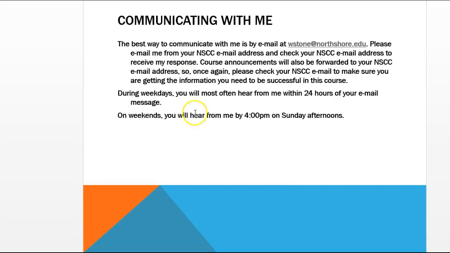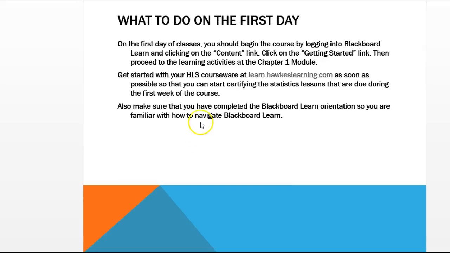You will also be submitting your journal entries for each chapter, and that's also a good place for asking questions: the last page of each chapter module at the content link. On the first day of classes, you should begin the course by logging into Blackboard and clicking on the content link.